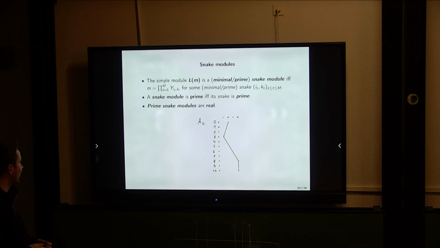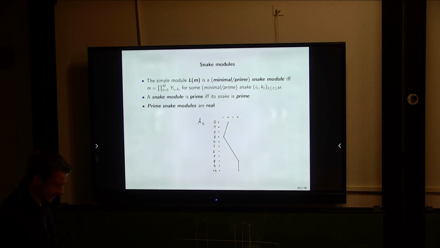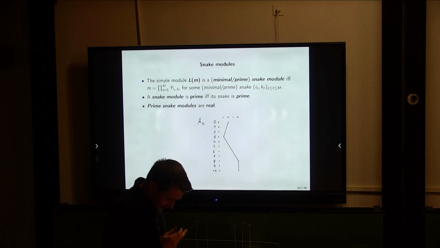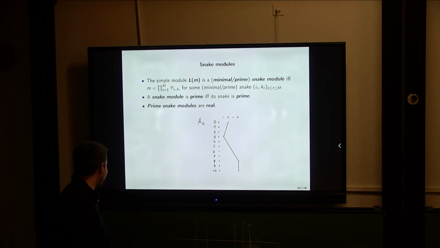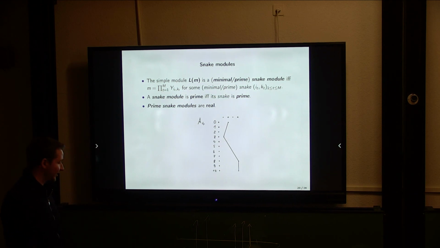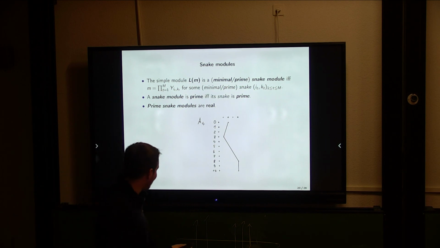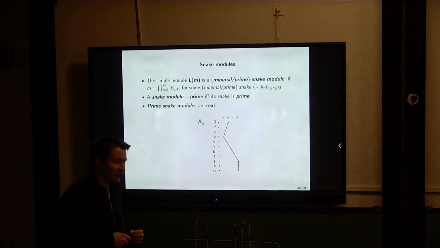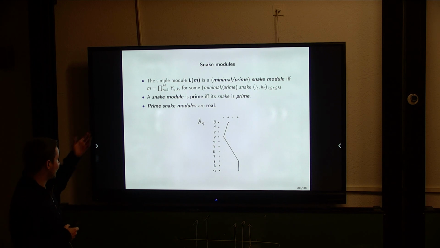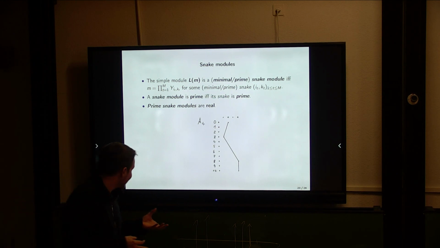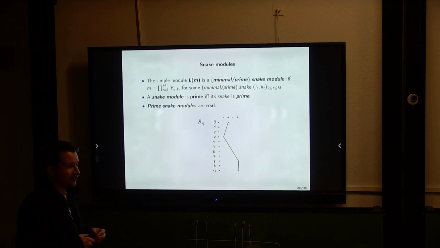And so what can I say about these so defined snake modules? So I have these finite sequences, and the modules L(M), where I take these fundamental variables that satisfy the snake condition. I call them snake modules, and these have the special property that they are prime and real. So what does it mean, prime and real?